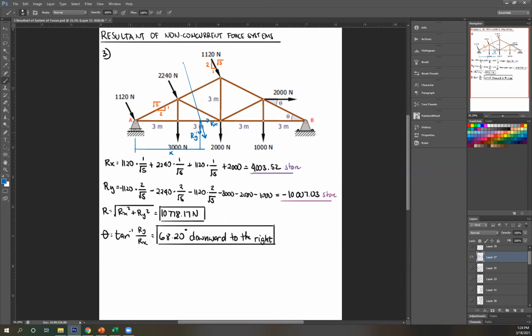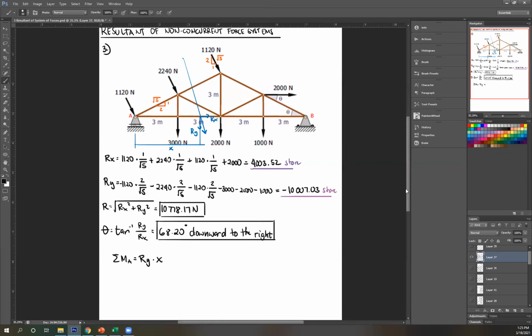This is Ry. Then to get the position, like usual, we're gonna use the concept of moment. So concept of moment, we're taking it about point A, our reference point, and equals Rd. In this case, Rx passes through A, so ignoring that, I'm left with Ry times distance X.